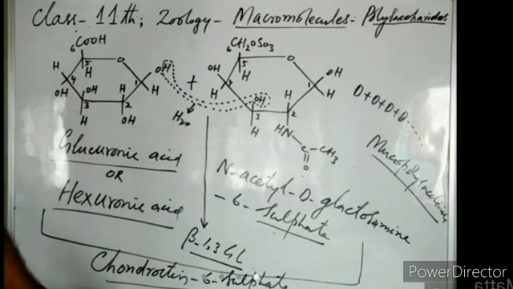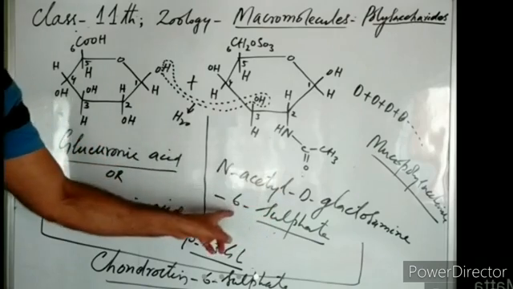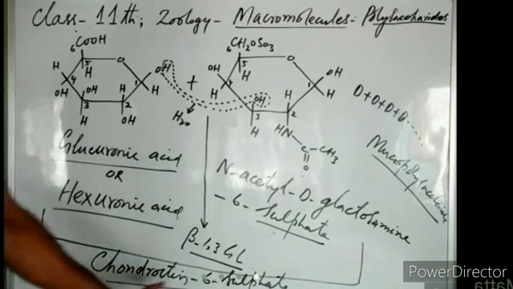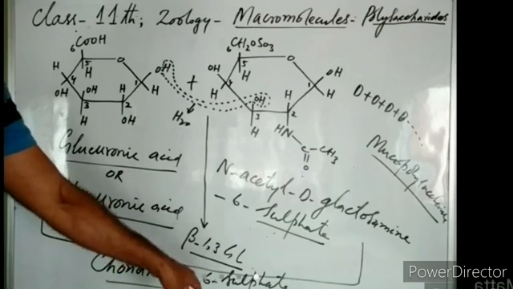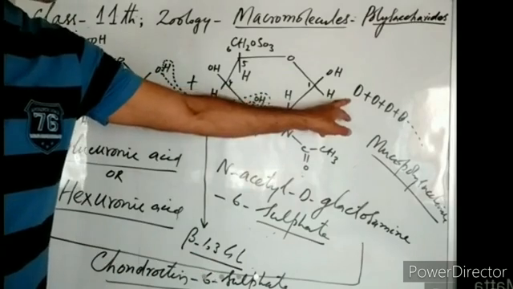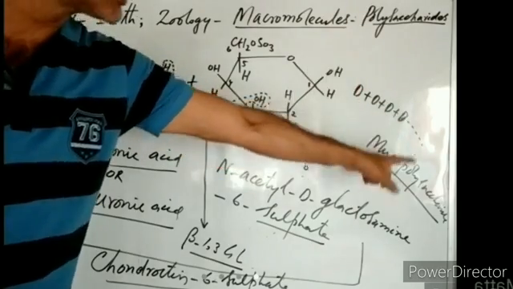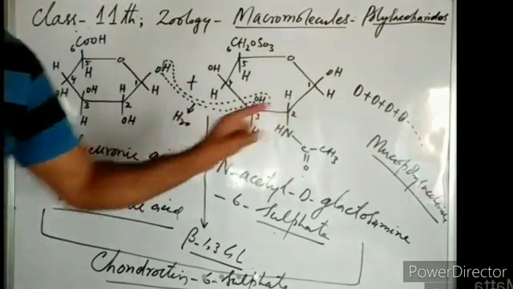So these disaccharides, which are formed by combination of glucuronic acid and N-acetyl D-galactosamine 6 sulfate, are known as chondroitin 6 sulfate when they combine together. Many such disaccharides combine and form this polysaccharide.